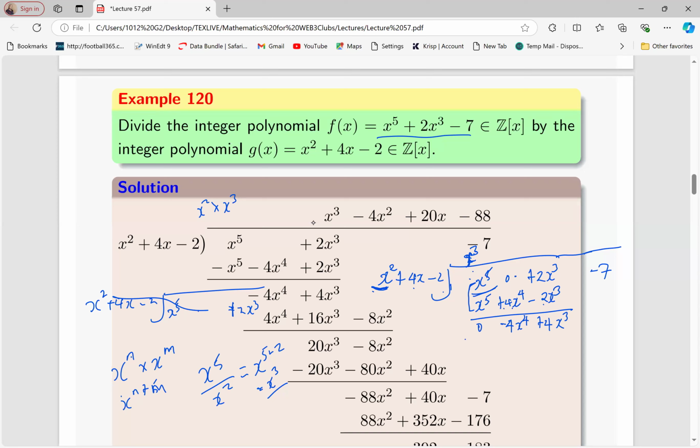Because what I did was, in the upper part, I have 2x raised to 3. Then I'm subtracting minus 2x raised to 3 again. So this minus and that minus becomes positive. And so I have 2x raised to 3 plus 2x raised to 3, which is 4x raised to 3. Yes?